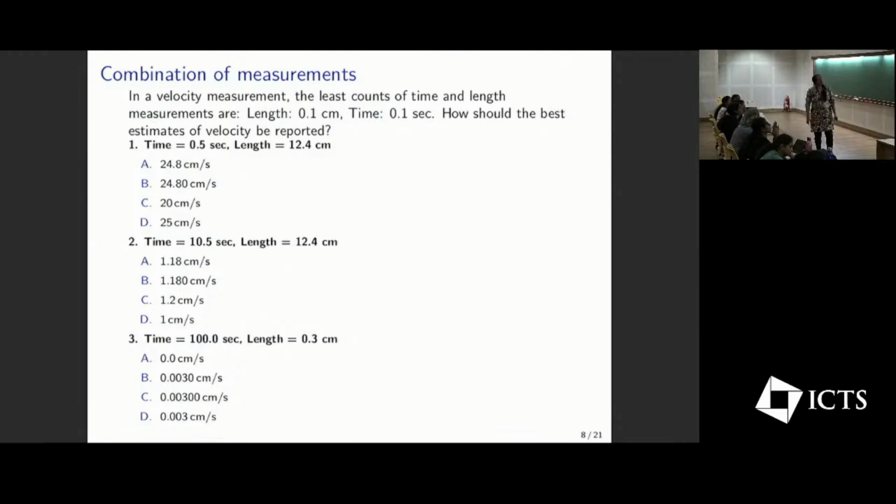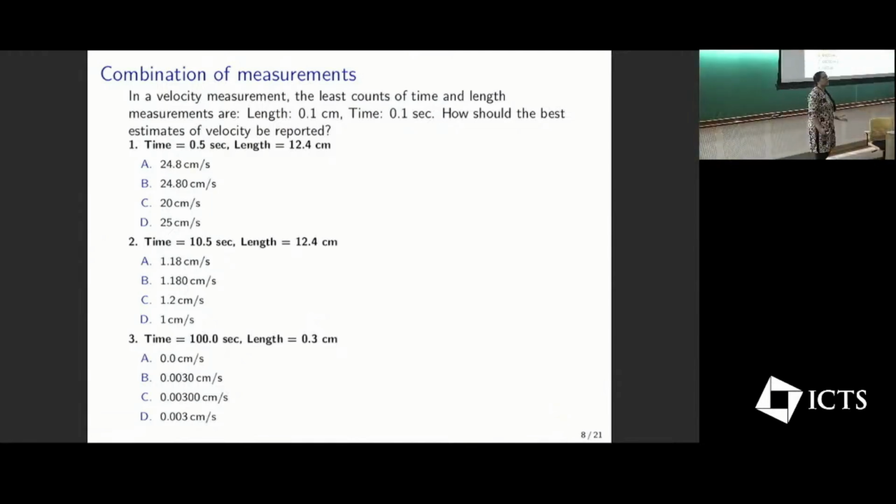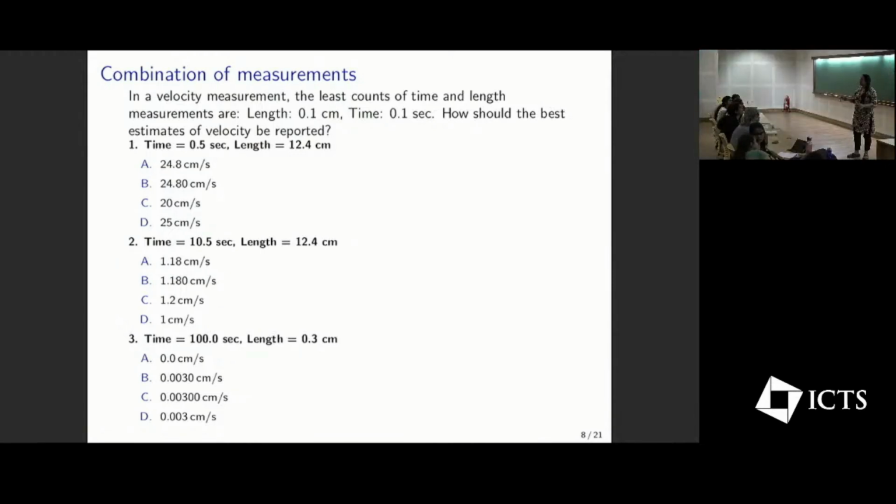What I'm trying to say is, how do you report it in a clean and polite way so as to tell the reader that there is some significant measurement here, but not imply that it is overly precise, and not cut out useful information. This is why we have these rules. These rules are here for a reason. And a lot of times people don't like it.